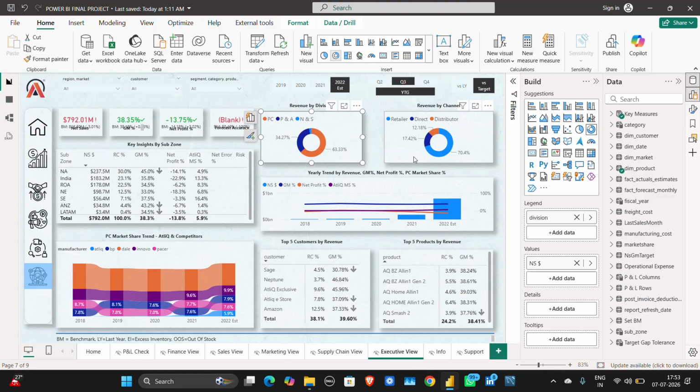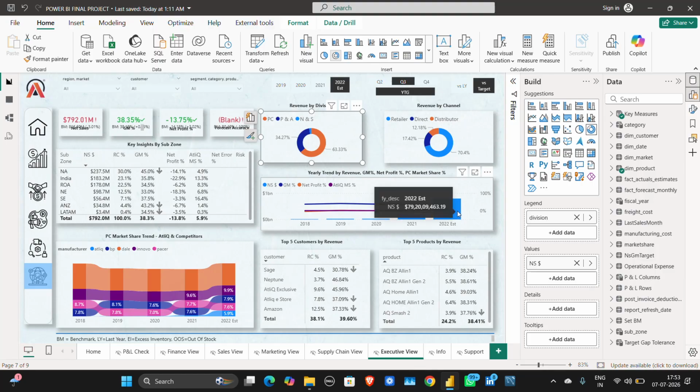Below here you can see a yearly trend chart. This combines several important business metrics into a single visualization. Here we can simultaneously monitor net sales, gross margin percentage, net profit percentage, and PC market share, right? Displaying these metrics together allows executives to understand how business performance has evolved over time.